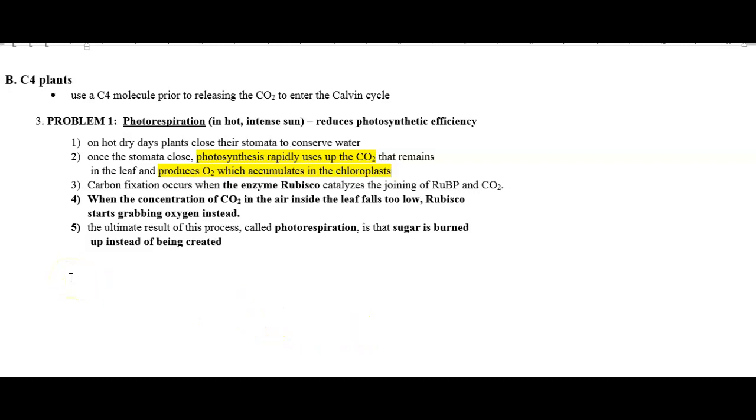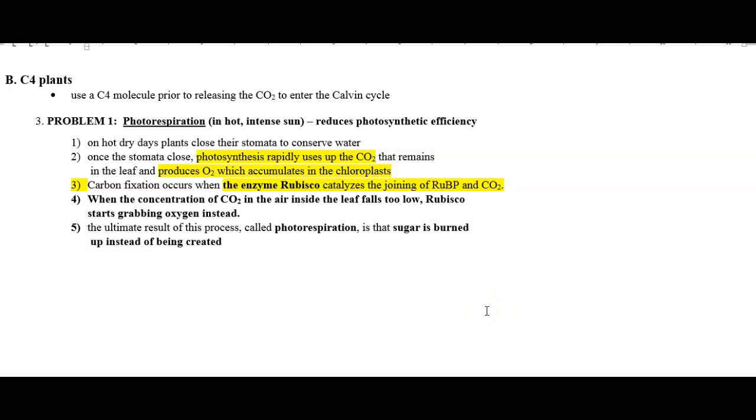Carbon fixation occurs. Okay, we still have that enzyme. Enzyme Rubisco is still going to join RuBP and carbon dioxide. When the concentration, because listen to this, here's the problem right here.